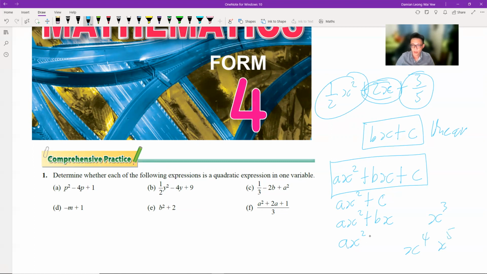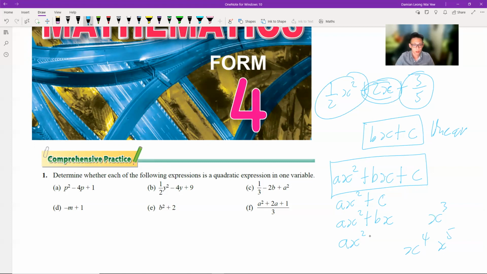And the letter that you use can be x. Generally, we use x as the most common one, but it can be other letters as well. I can use a, b, c, I can use y, z, I can use p, q. Doesn't matter.